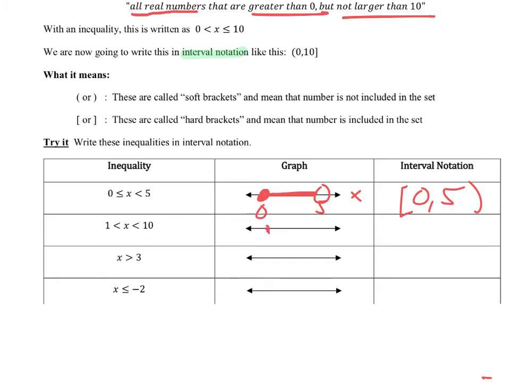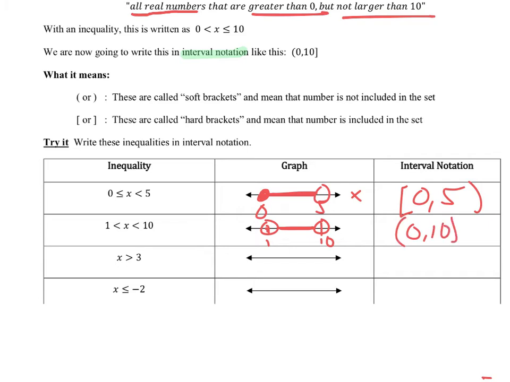Neither of them are included, so we put an open dot if we're graphing with dots or points, and we shade all the things in between. So that would be from 1 to 10, soft brackets on both sides.